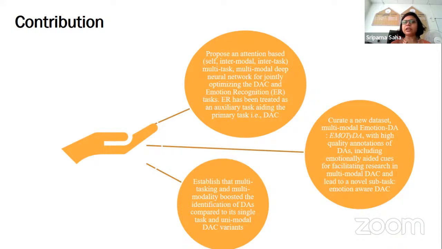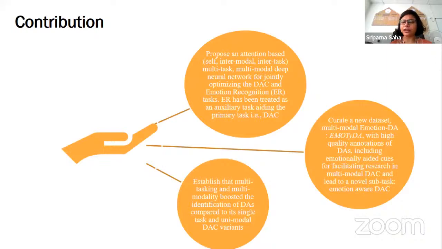The audios will give us the frequency or the tone information, and the video will help us in understanding the facial expressions, eye movements, etc. So we will be proposing an attention-based multitask, multimodal deep neural network. I will discuss it in detail. And here, as I mentioned, there are two tasks which will be simultaneously solved. The primary task is the dialogue act classification, and the emotion recognition is the auxiliary task.